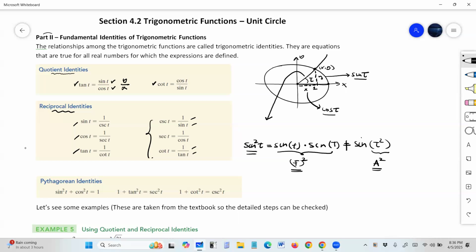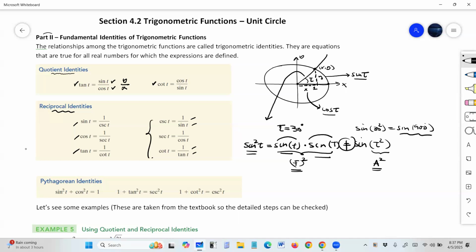And you can test this. I'm not going to test it now, but for example, you can let t equals 30 degrees and then evaluate sine of 30 degrees, which is 1/2. And if t is 30 degrees, then you have sine of 30 squared, which is sine of 900 degrees, and see if this is equal to sine of 30 times sine of 30.